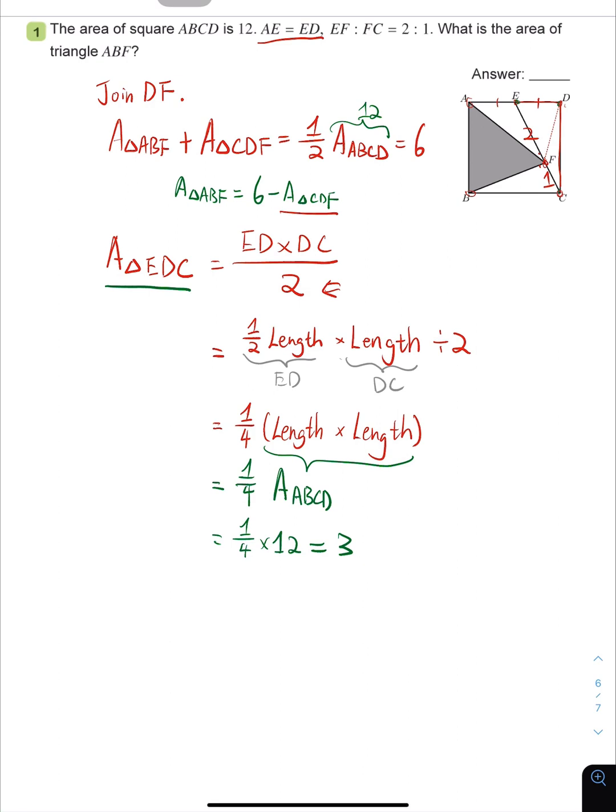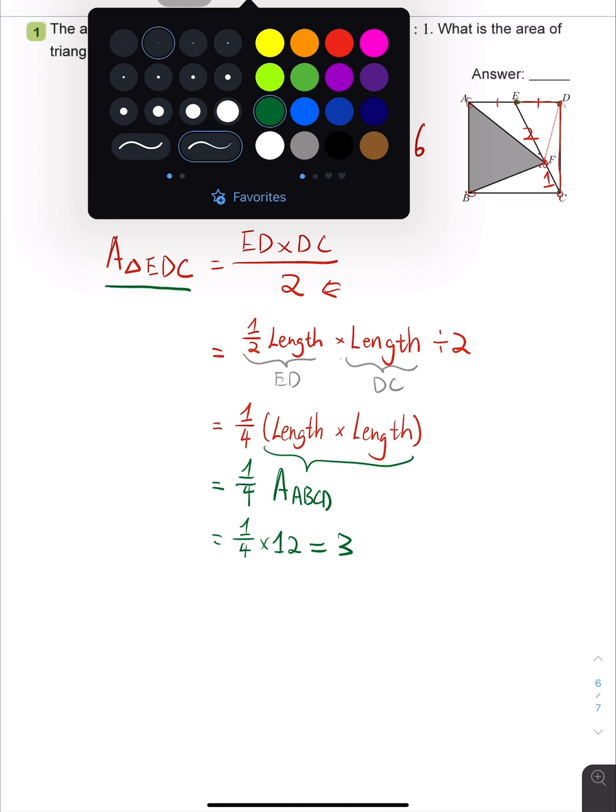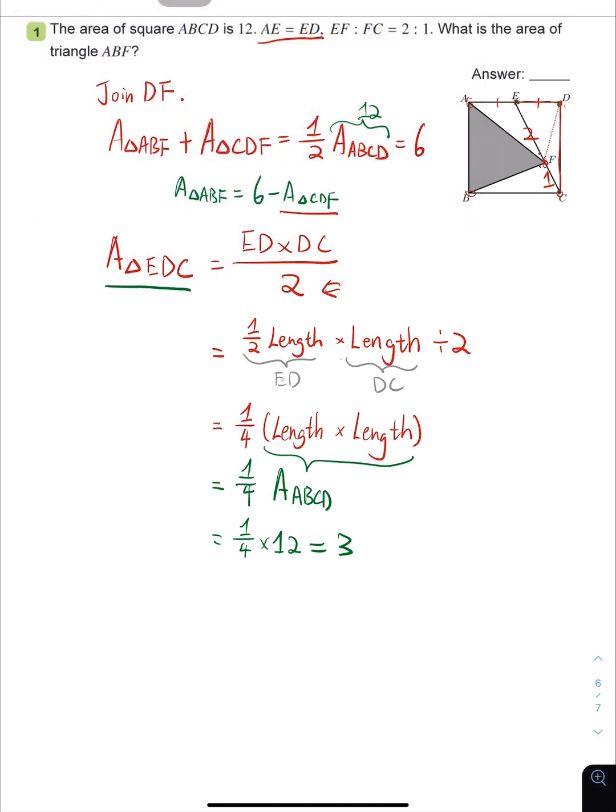All right. But we are not looking for the area of triangle EDC. We're looking for the area of triangle CDF. Now you can see that inside the triangle EDC, the triangle EFD and the triangle CDF have the base ratio 2:1, which means that they should have an area ratio of 2:1 as well, if you still remember what we have learned in the previous lesson.